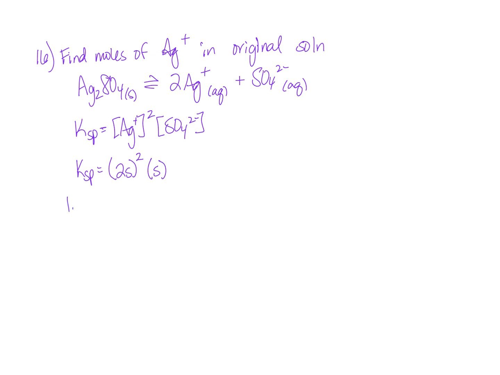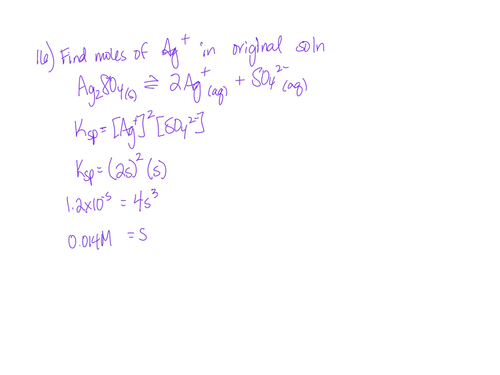So I'm going to have 1.2 times 10 to the minus 5 equals 4S cubed. So divide by 4, take the cube root. You should get S to be 0.014 molar.